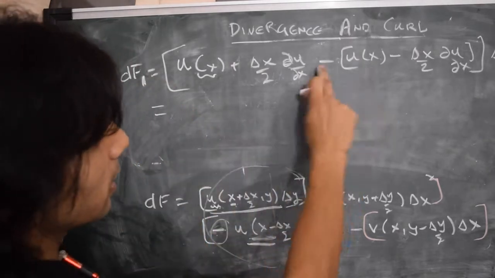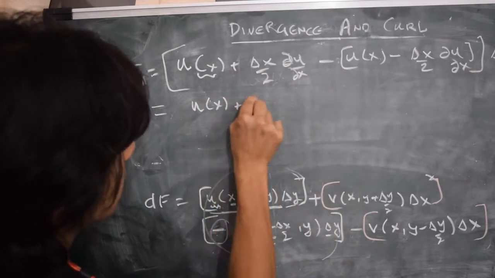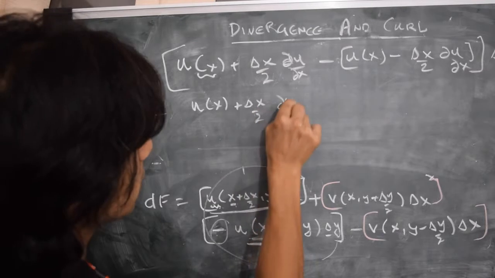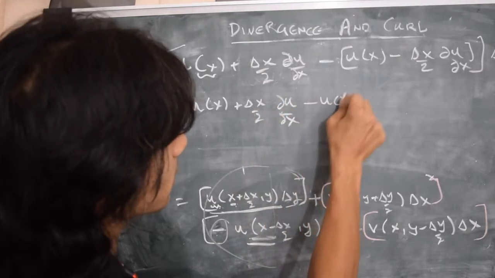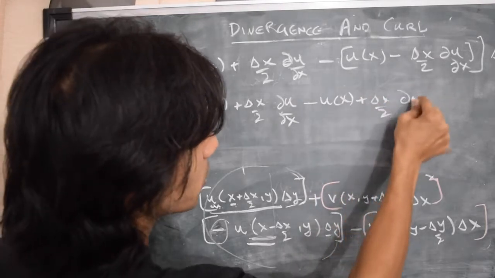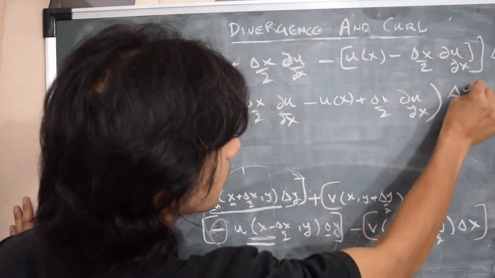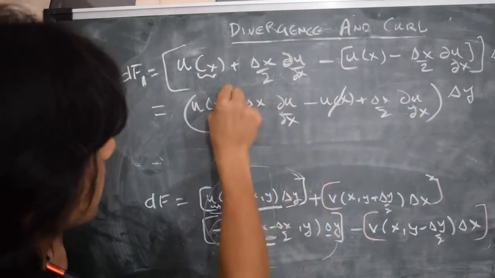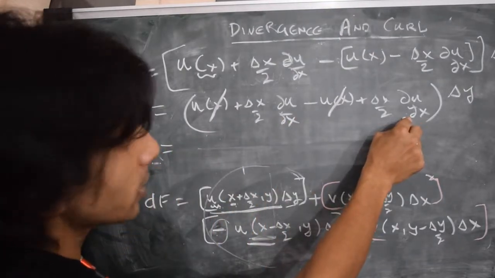Now if we open these brackets, we'll have u(x) plus delta x by 2 du/dx minus u(x) minus delta x by 2 du/dx, and this whole expression multiplied by delta y. So we see that this cancels out, and what we are left with is these two get added up.